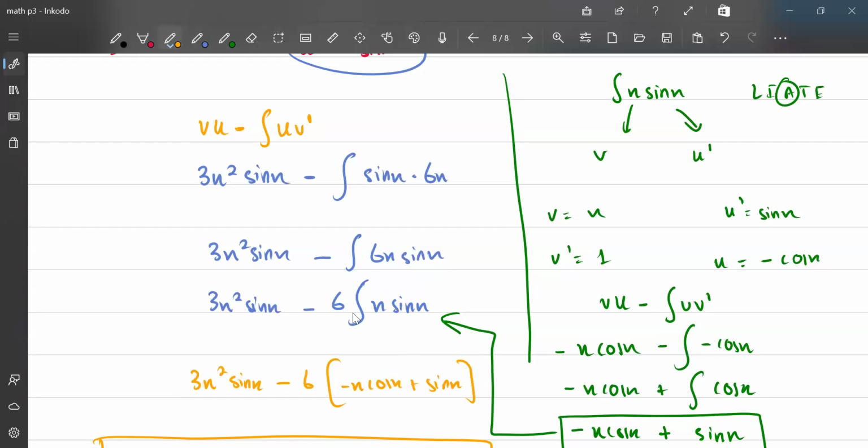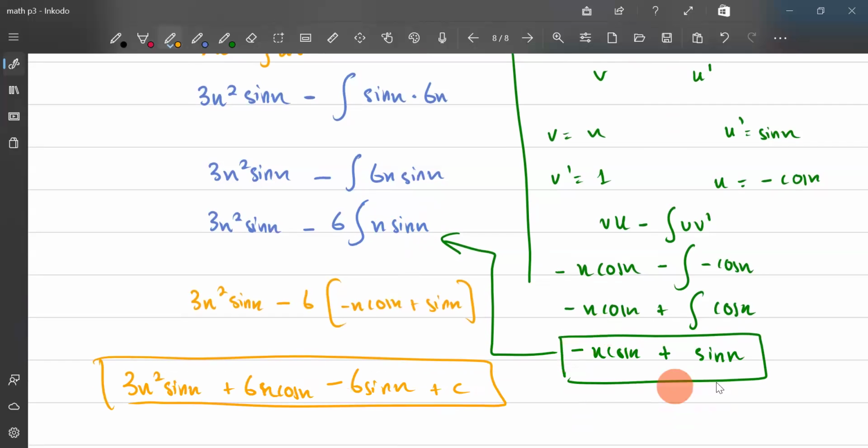So what we did, we applied LIATE again, and this is what we got eventually. And we substituted this in place of this and just simplified it. So in exams, there are going to be questions which involve you applying LIATE two times.